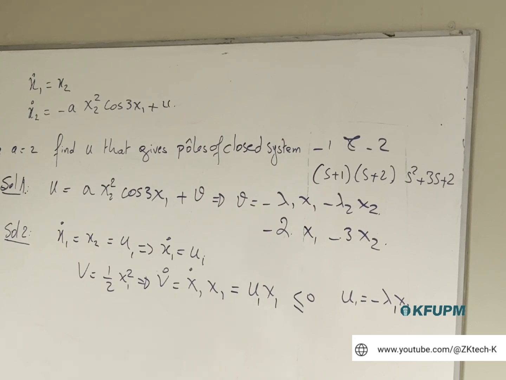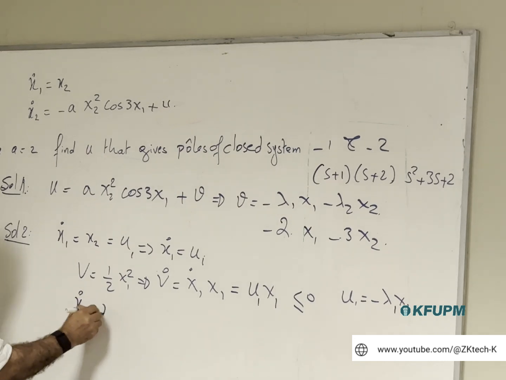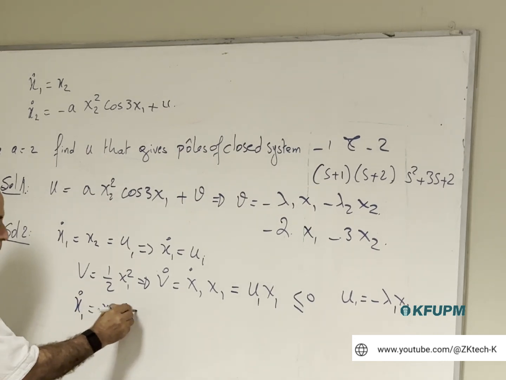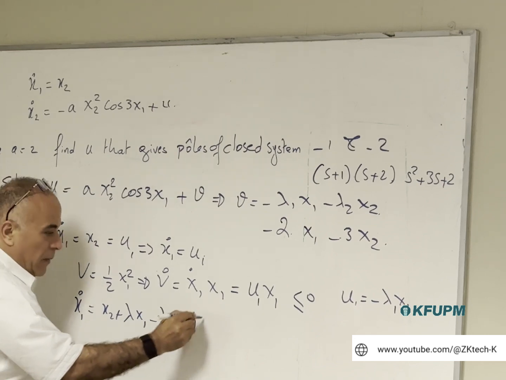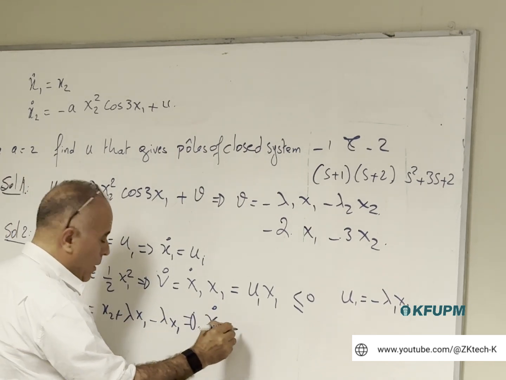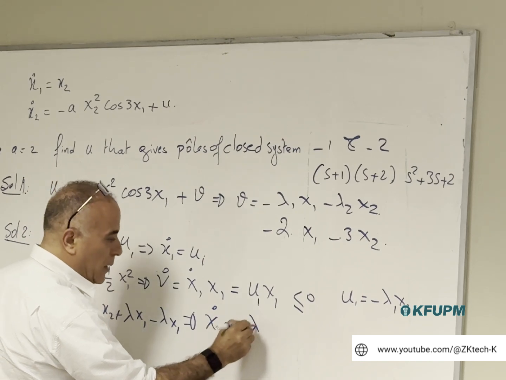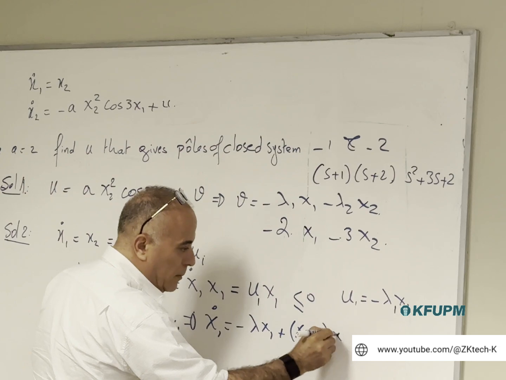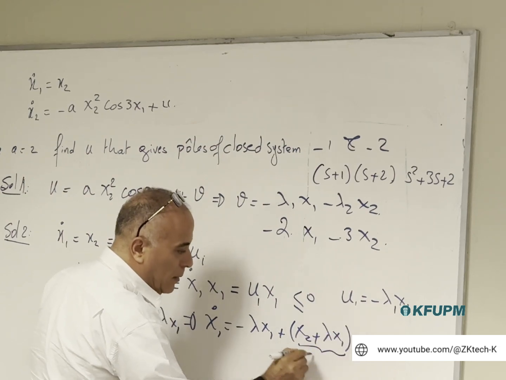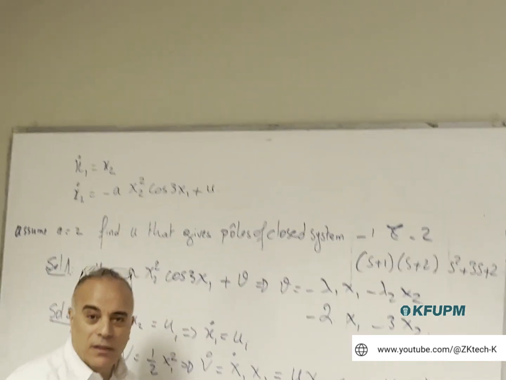Anything not clear up to now? Then I come back to my equation: x1 prime equal to x2 plus lambda x1 minus lambda x1. So x1 prime is equal to minus lambda x1 plus x2 plus lambda x1, and this I can call z or zeta or whatever you want.